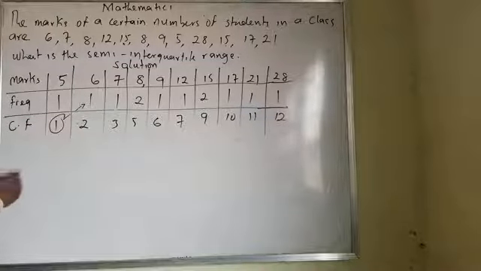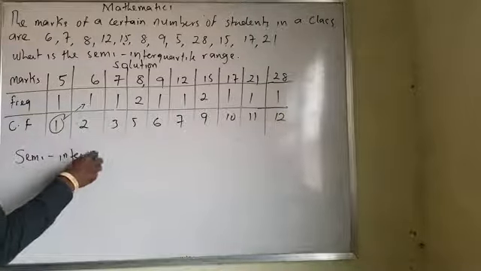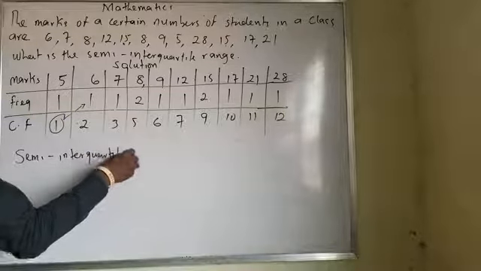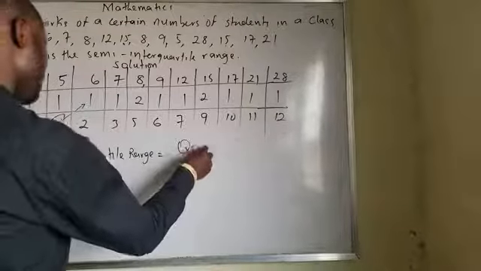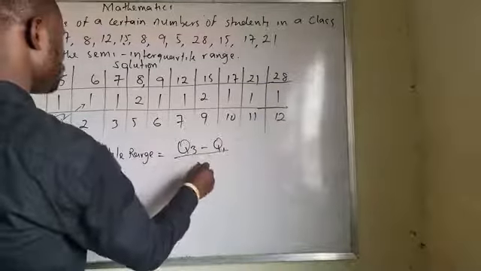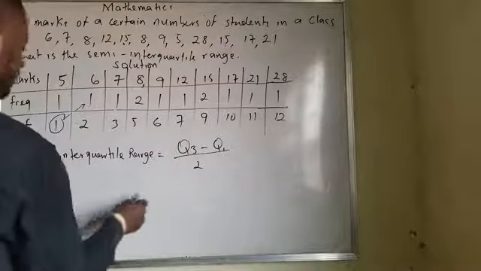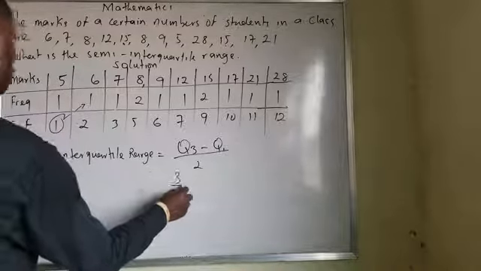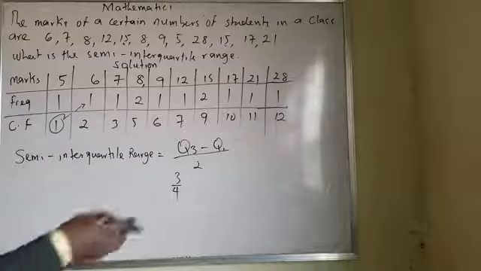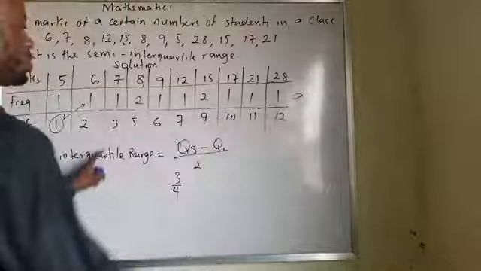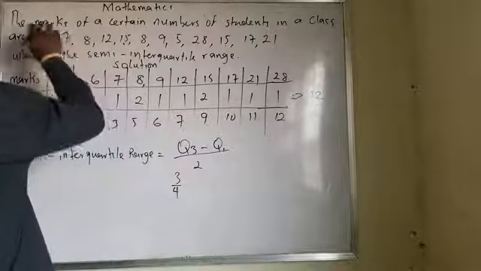Now, you will say that the semi-interquartile range will be equal to Q3 minus Q1 divided by 2. What is my Q3? I've told you that Q3 is 3 over 4 of the total number of the frequency, which is 12.